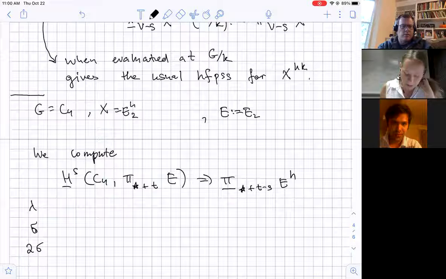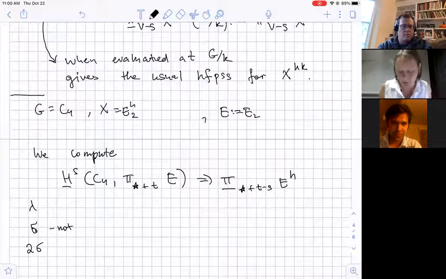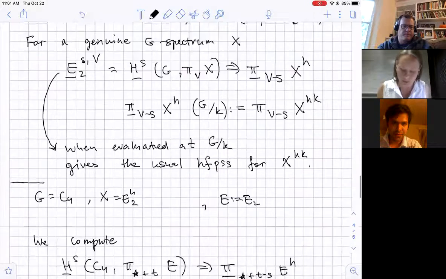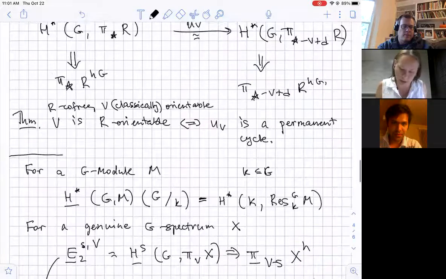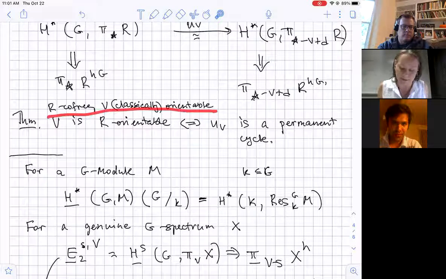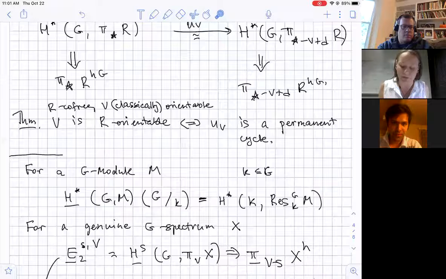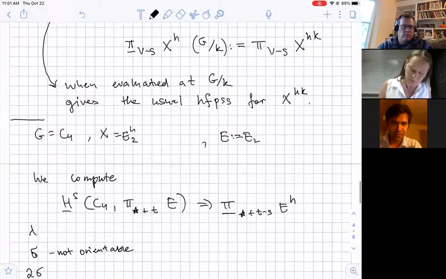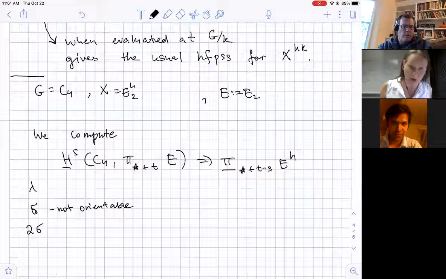Now sigma is not classically orientable, so we cannot apply this theorem. It only applies for classically orientable representations, so we only want to look at those. Lambda and 2 sigma are classically orientable.